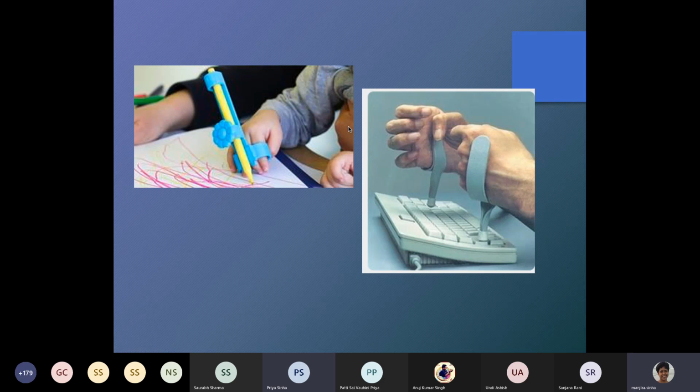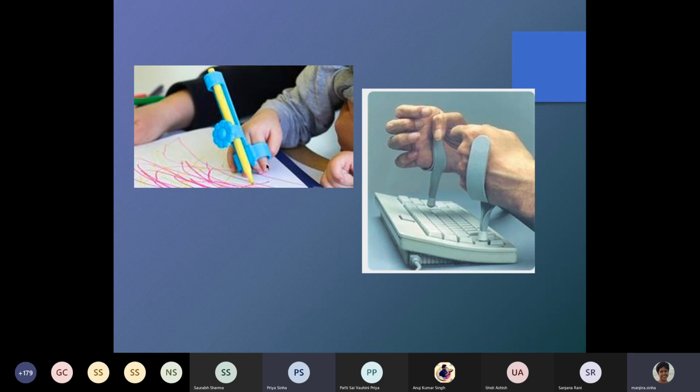What happens in children with dyslexia or autism is that the special educators need to teach the children to hold a pencil, to make a grip, to correct their writing style. There are small assistive hardware pieces called pencil grips, or maybe the child is not able to hold the pencil like this in case of autism.